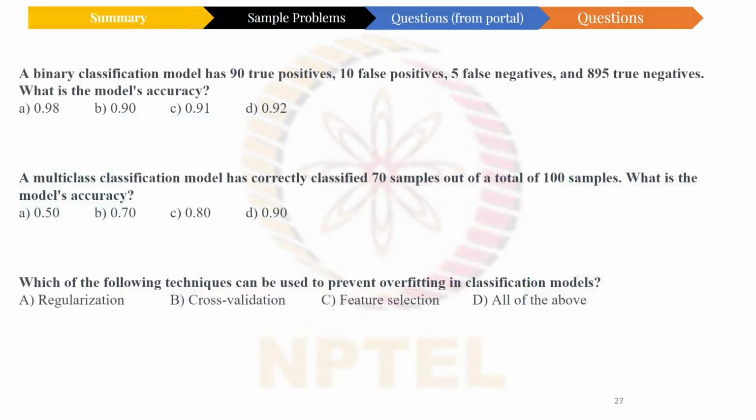So if a binary classification model has 90 true positives, 10 false positives, 5 false negatives and 985 true negatives, what is the model accuracy?